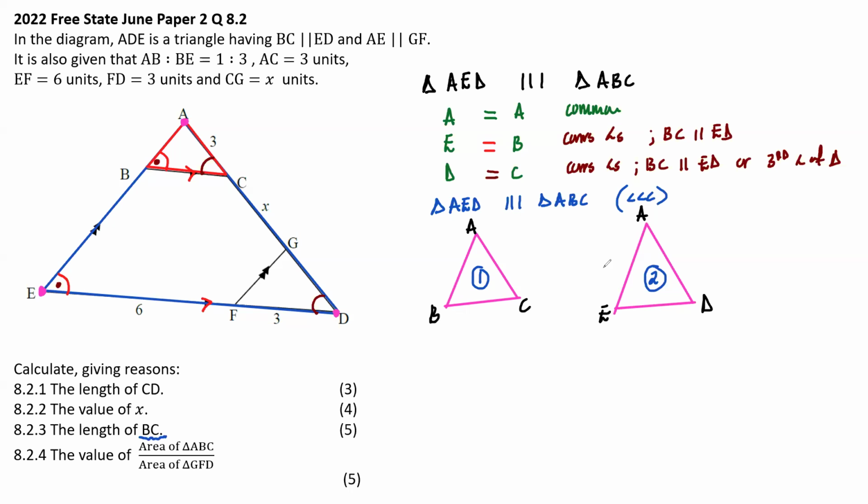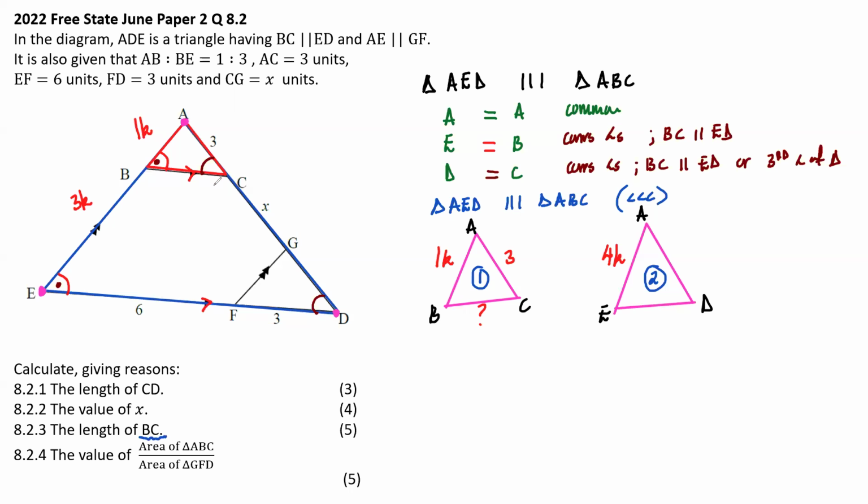Okay, let's go. Let's try and label what we can. AB is 1K. AC is 3. BC, don't know. AE, AB is 1K, B is 3K, so AE is 4K. Then AD, that's going to be interesting.